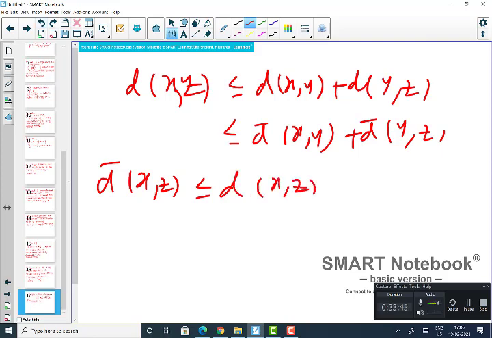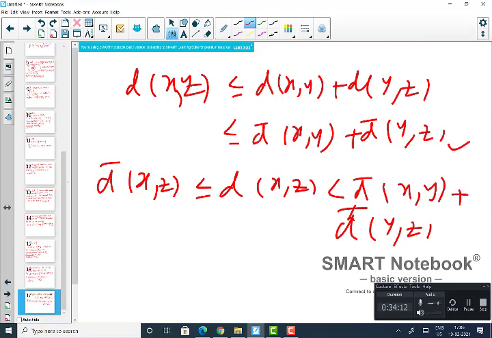This is clear because d bar is defined as the minimum of d or 1, so it can be either equal or less. So the triangle inequality is true if both the distances from x to y and y to z are less than 1.